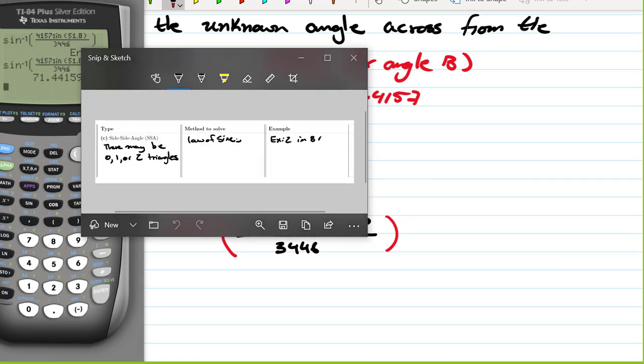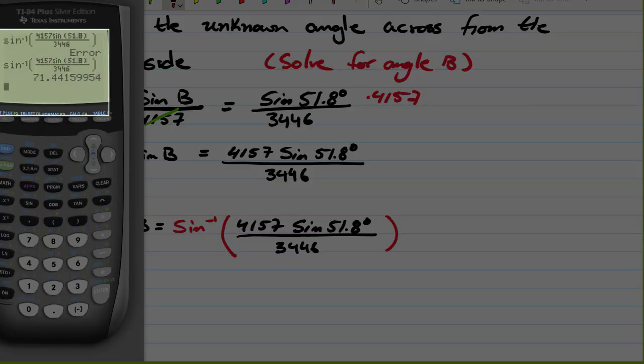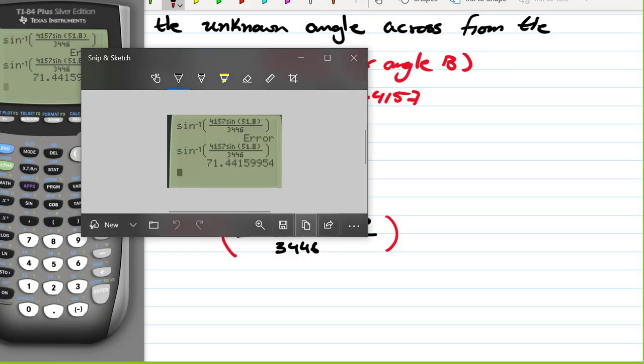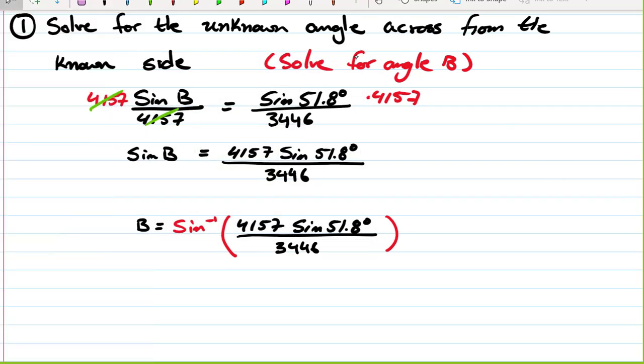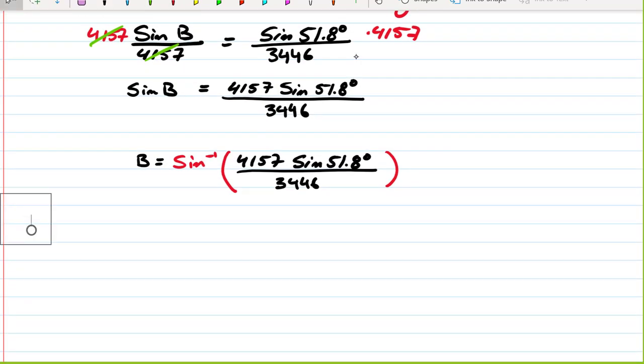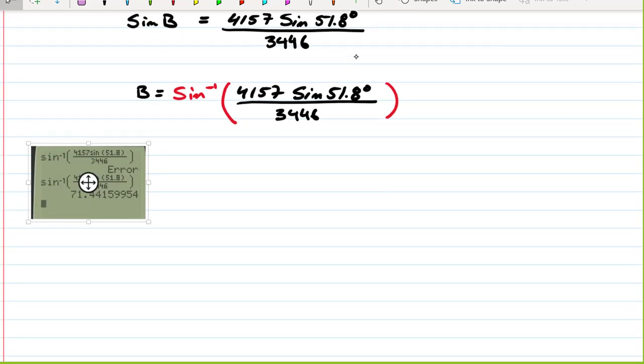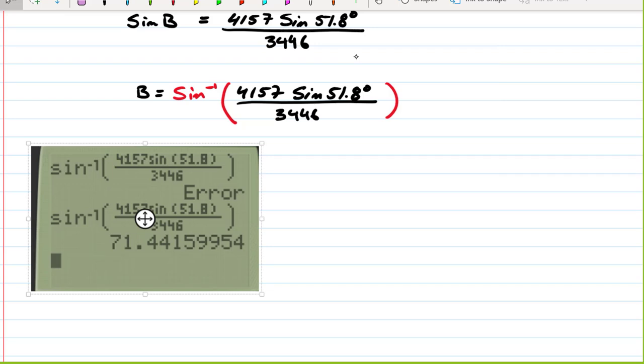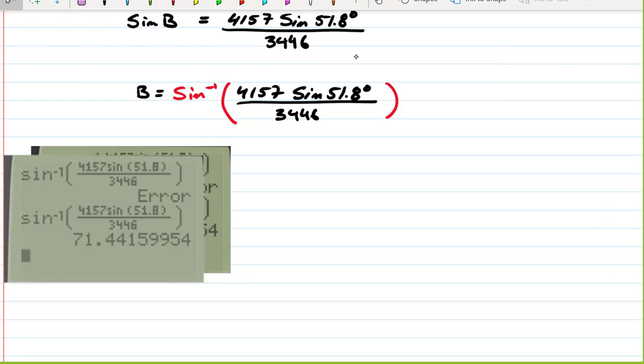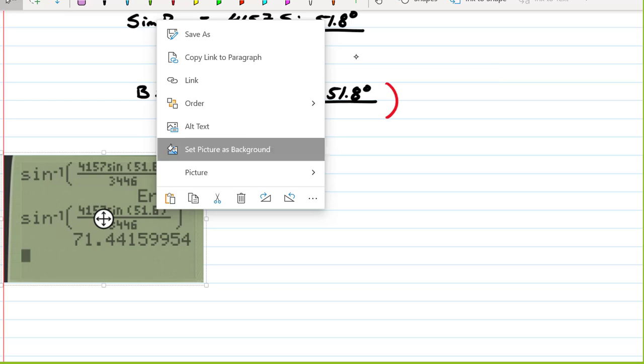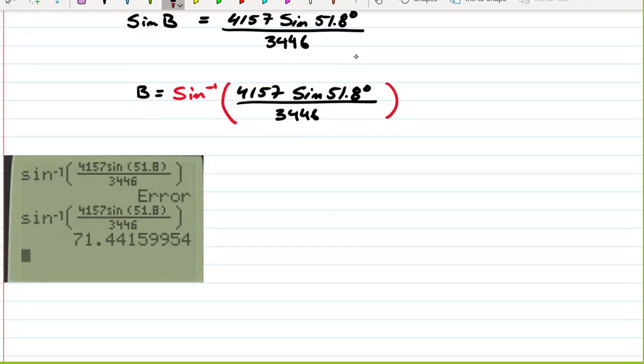And this time, my calculator indeed gives me an answer. So this was in radians, not degrees. So that one we didn't want, and this is our correct answer.